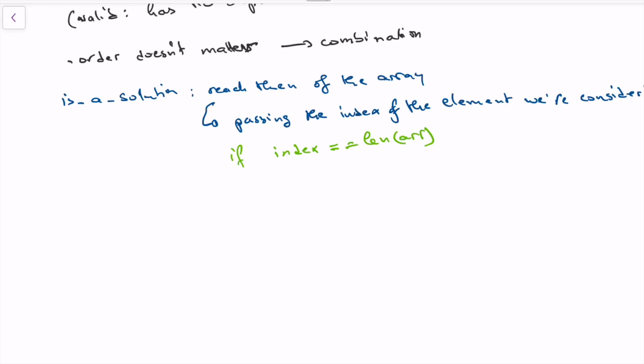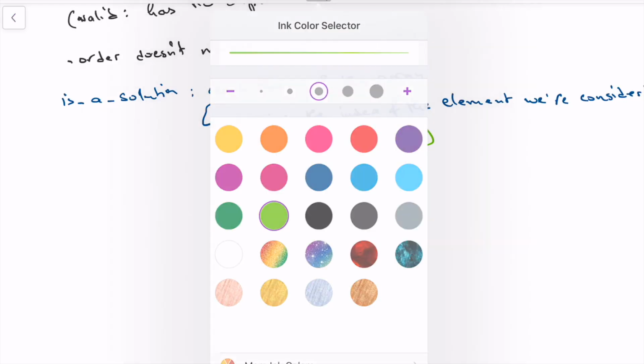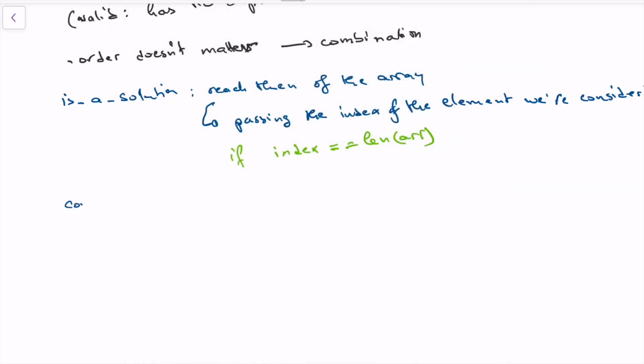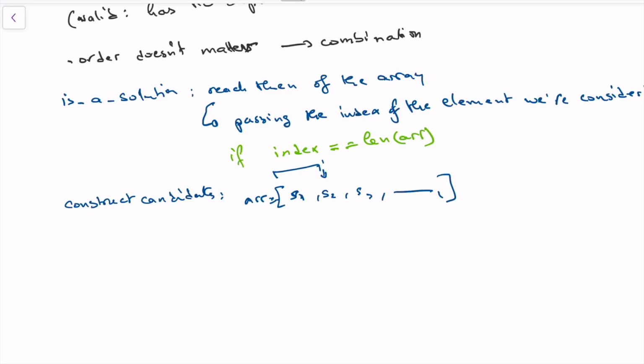The other thing is generating or constructing the candidates. So let's see how we should do that. Here it's very easy because we just have an array of strings. So we have S1, S2, S3. And we know that we already processed this much, and so we are at this index. Let's call this Si, and this is Si plus 1.